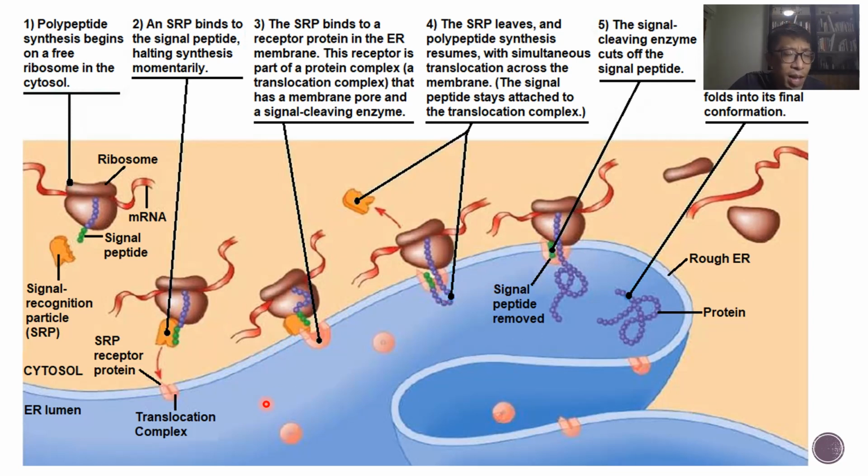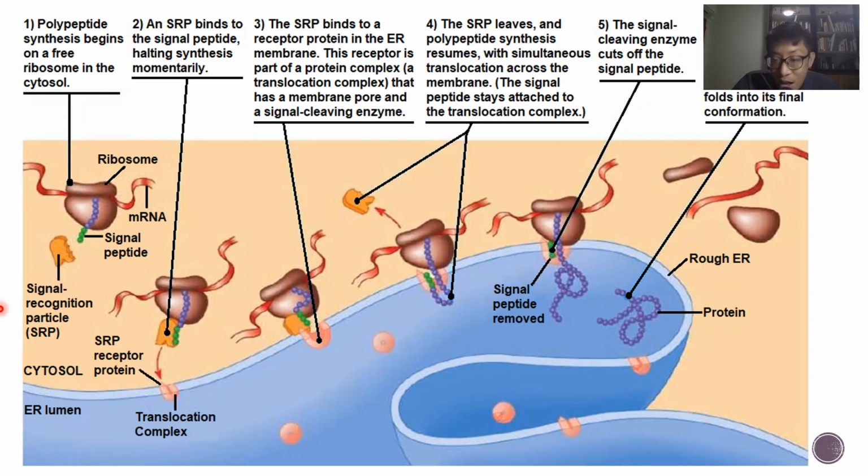This is the same diagram that I had in my notes and in the lecture as well. Okay, so you can see how the signal peptide is removed or cleaved from the rest of the polypeptide after the polypeptide has entered the lumen of the rough ER. So this translated polypeptide would be the light chain polypeptide.